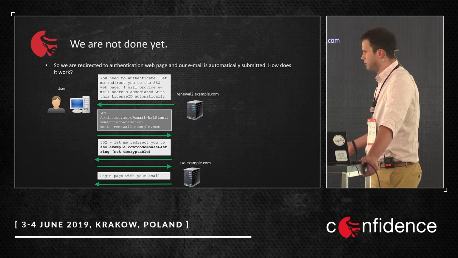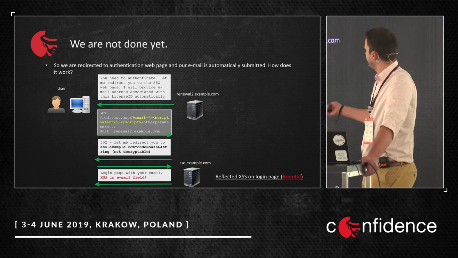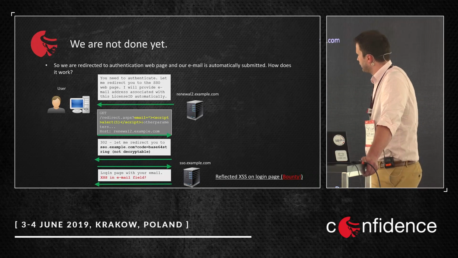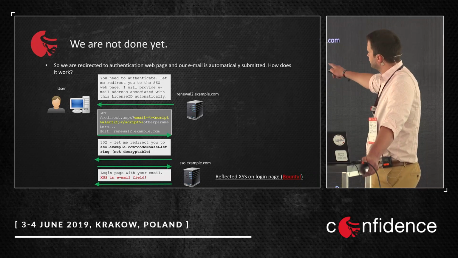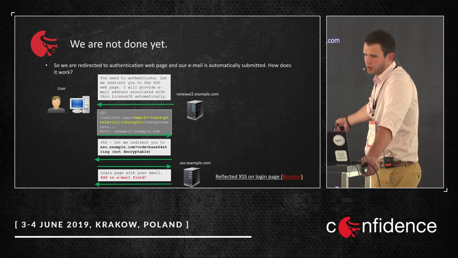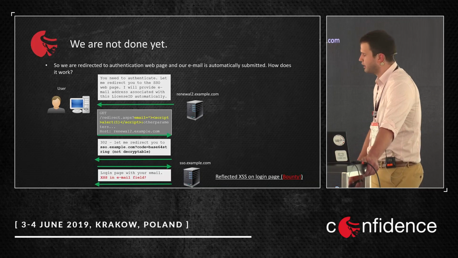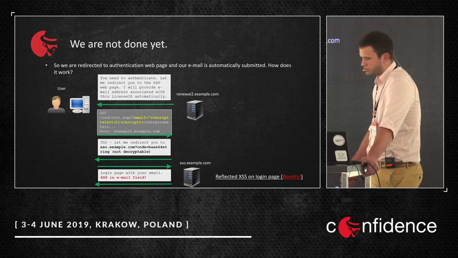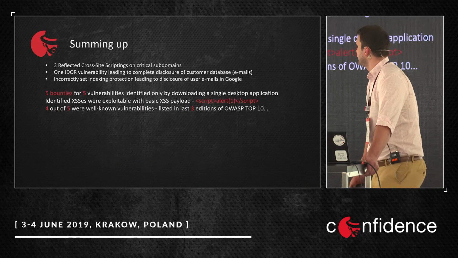So you may probably know where it's going now. You could easily replace the email in the first request, and after the server processed it, you would have reflected XSS on the SSO web page, probably one of the critical applications of that particular vendor. So again, bug bounty.